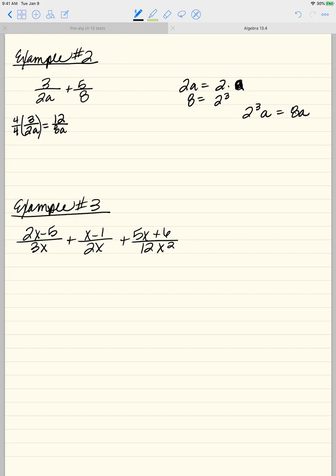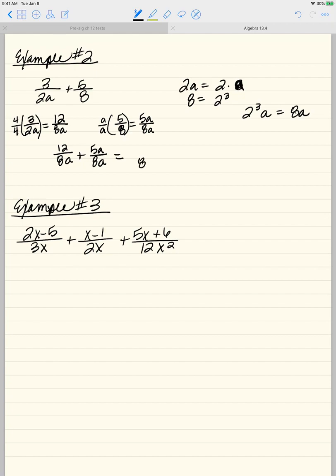So 3 over 2a becomes 12 over 8a. How do I get from 5 over 8 to something over 8a? I multiply that entire expression by a over a. So the numerator becomes 5a. Now I can add 12 over 8a plus 5a over 8a.